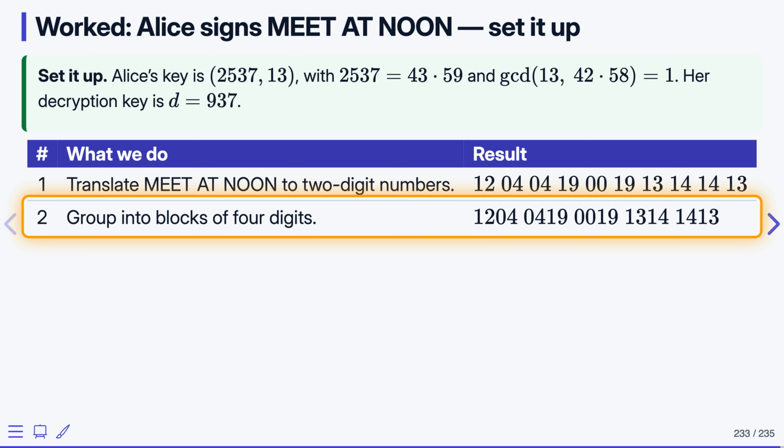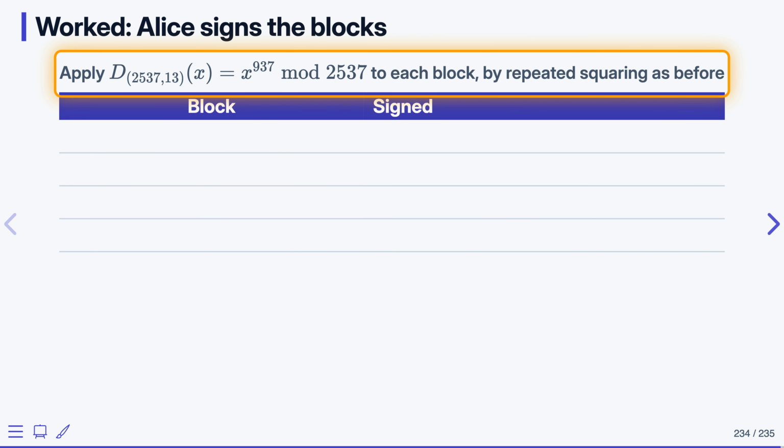That gives 1204, 0419, 0019, 1314, 1413. Now Alice signs. She applies her decryption transform to each block. That means, raise the block to the 937th power, mod 2537. Each of these is worked out by repeated squaring.